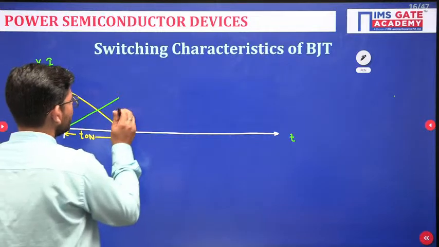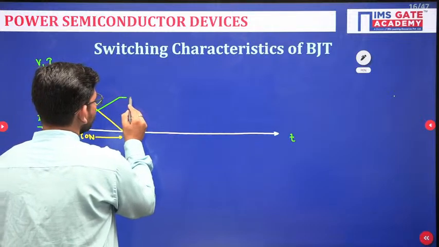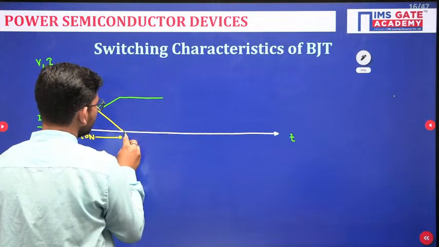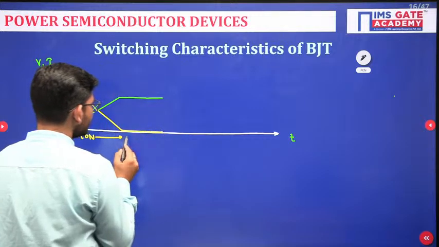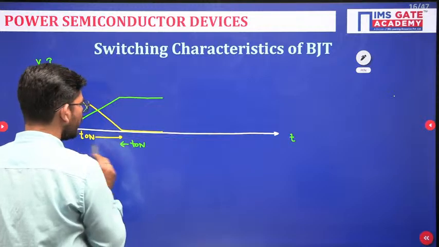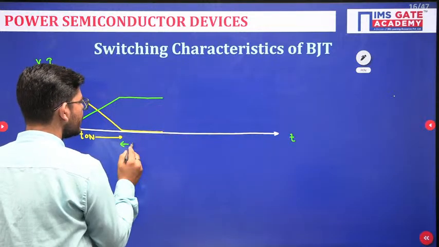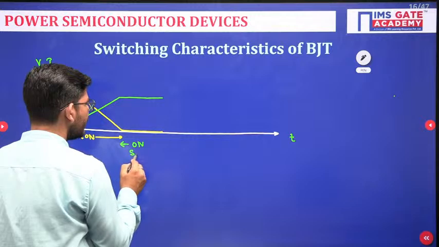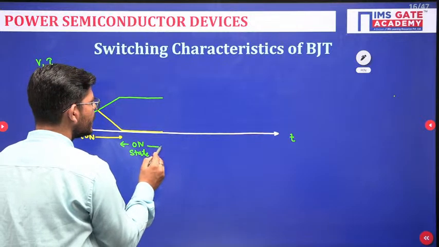After that, if you are maintaining that conduction, this is called the on process. This is T on process and this is the on state of the device. Device is in on state here.